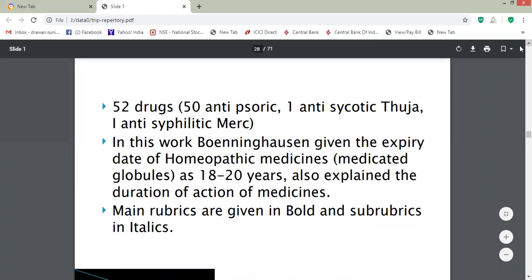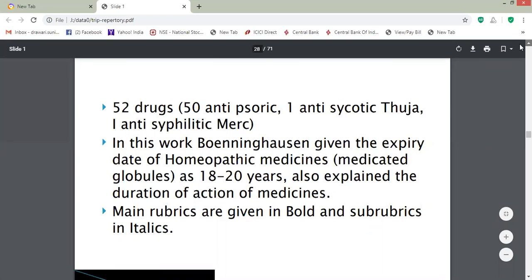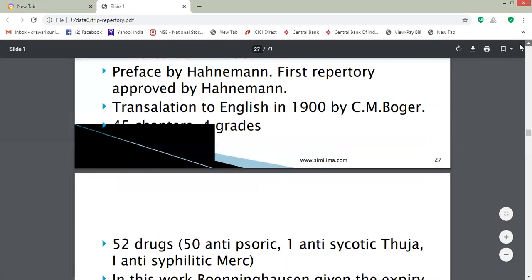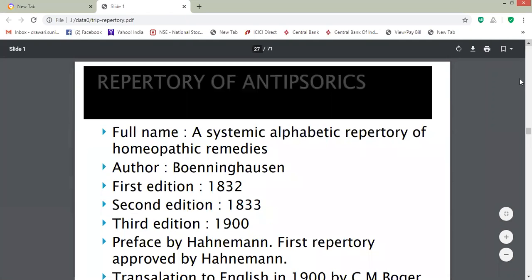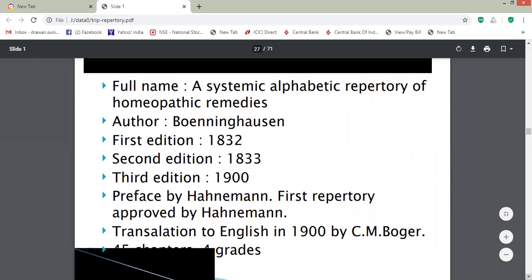So in this way, the first repertory, that is Repertory of Antipsoric Medicine or Repertory of Antipsorics, was written by Dr. Boenninghausen.